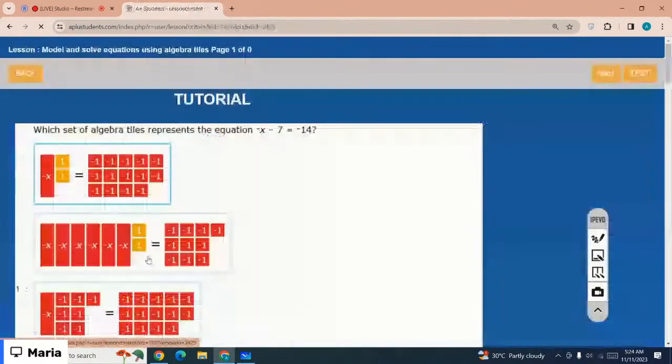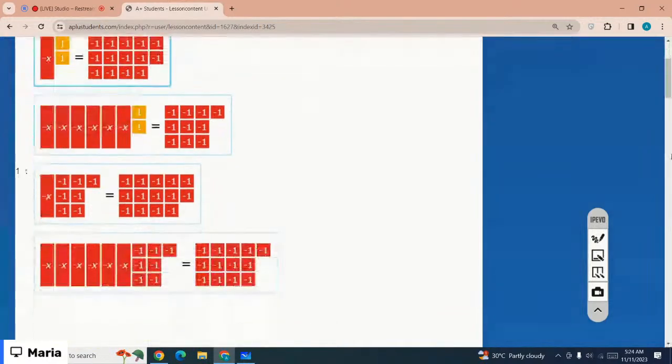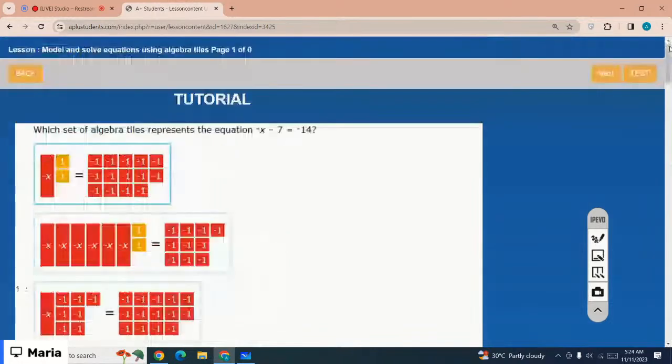Which set of algebra tiles represents minus 2x minus 7 equals negative 14? Which is the correct option? Okay, you just look at this one.